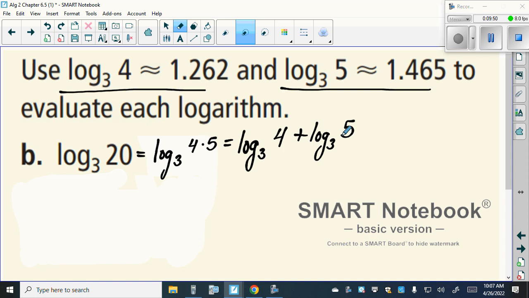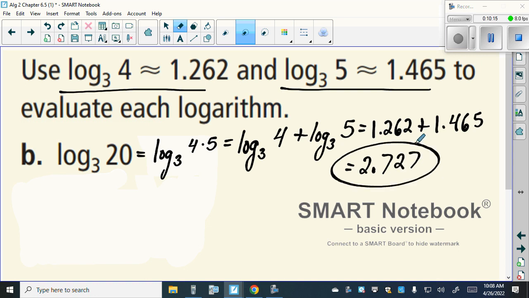So we could say the log base 3 of 4 plus the log base 3 of 5, which would give us 1.262 plus 1.465, which I believe should give us 2.727. Any questions on this here? Not too bad.